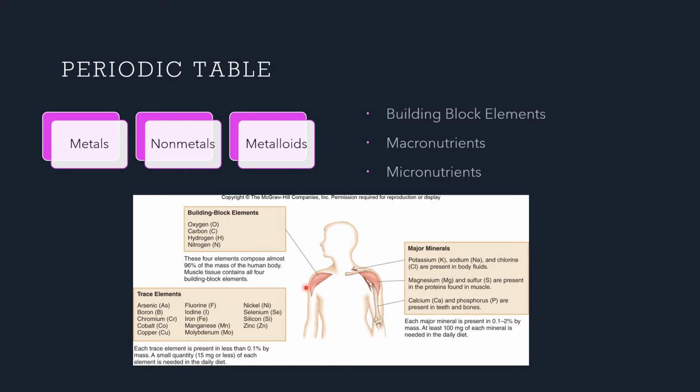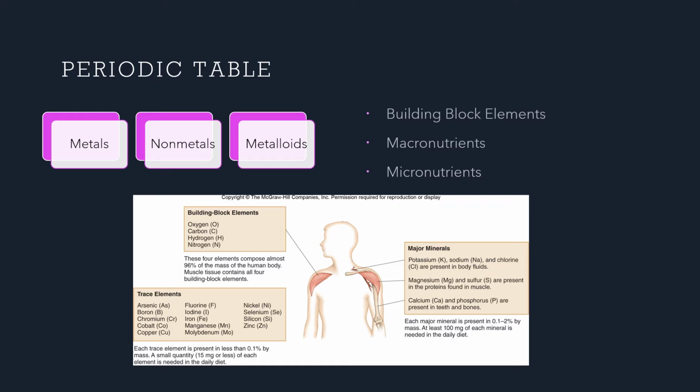We have major minerals, also called macronutrients: potassium, sodium, chlorine, magnesium, sulfur, calcium, phosphorus. All of these are found in our bodies in small amounts, but we need them in our daily diet in order to survive. We also have these trace elements, also known as micronutrients.